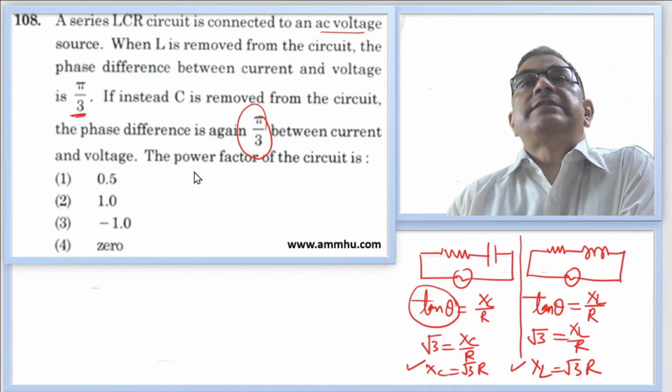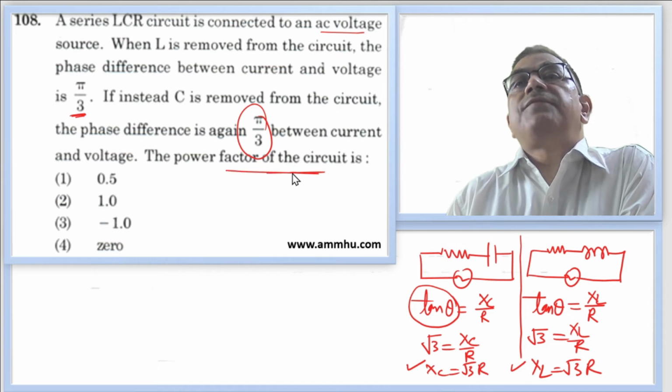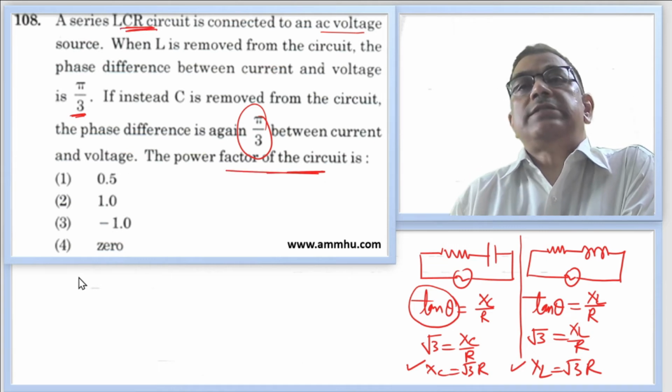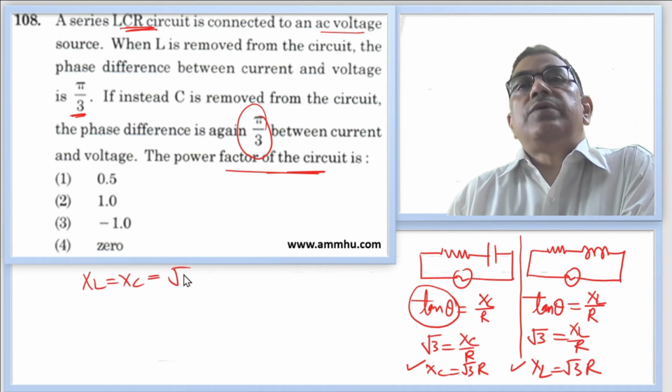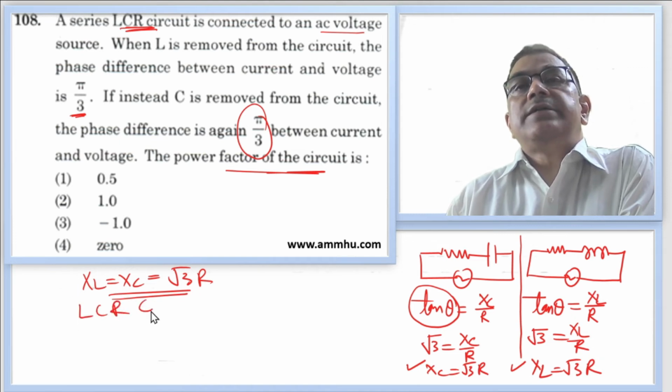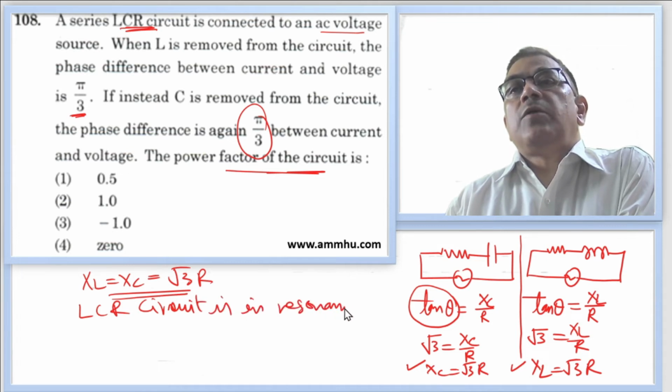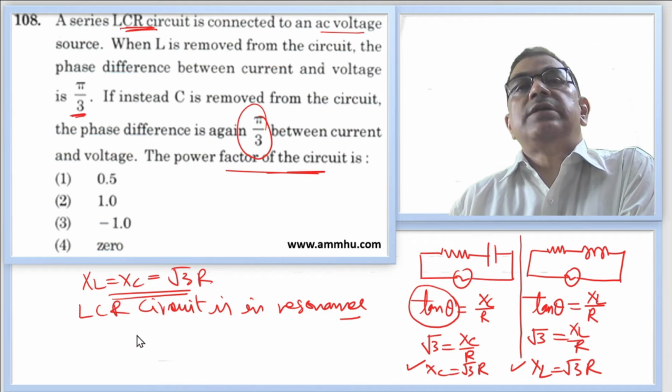If XL and XC are the same, now what has been asked? The power factor of which circuit? The LCR circuit. And in the LCR circuit, what we notice is XL equals XC equals root 3 times R. Is it right? So the LCR circuit is in resonance. Because the LCR circuit is in resonance, we expect theta to be 0.